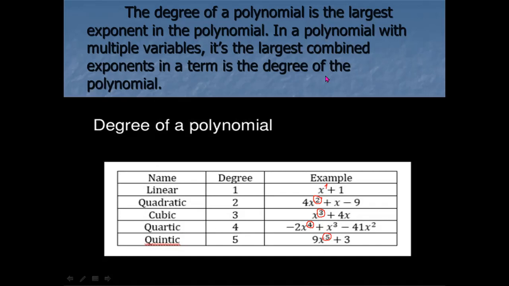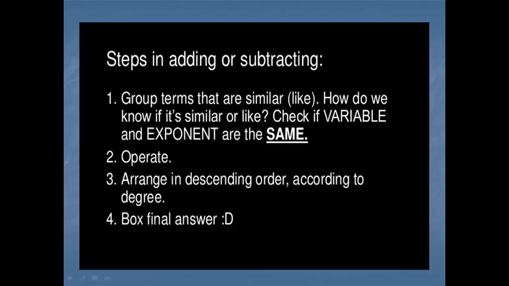Next, we now go to the steps in adding or subtracting. Please read that one. Number 1: Group terms that are similar. How do we know if it's similar or like? Check if the variable and exponent are the same.